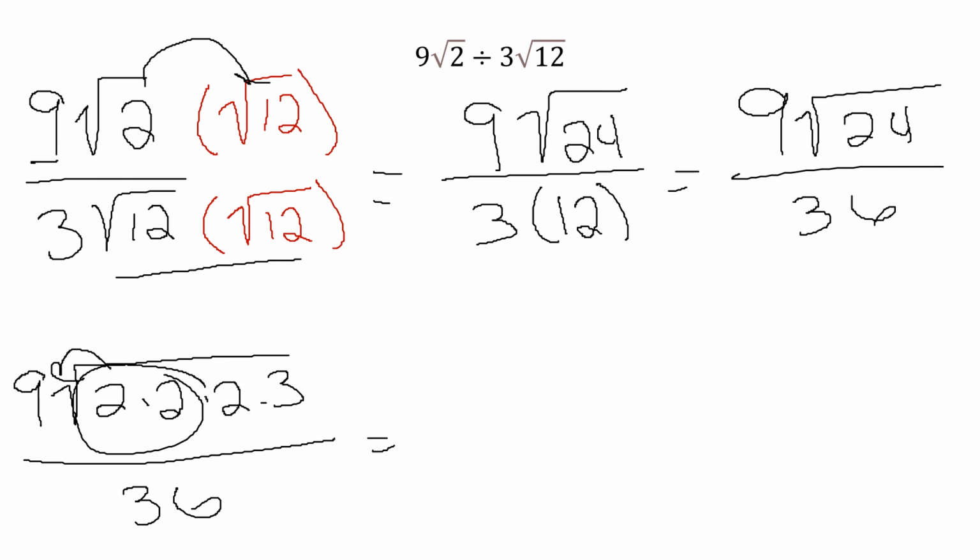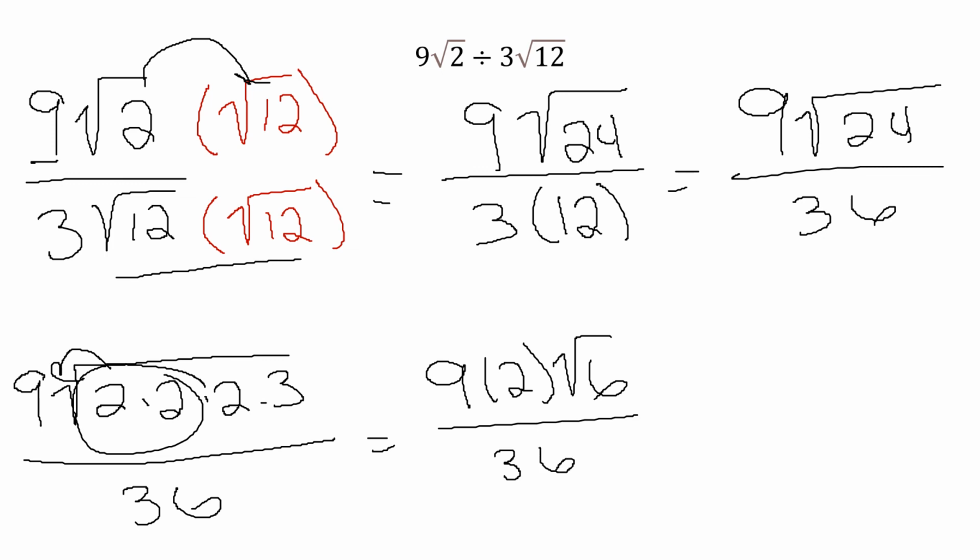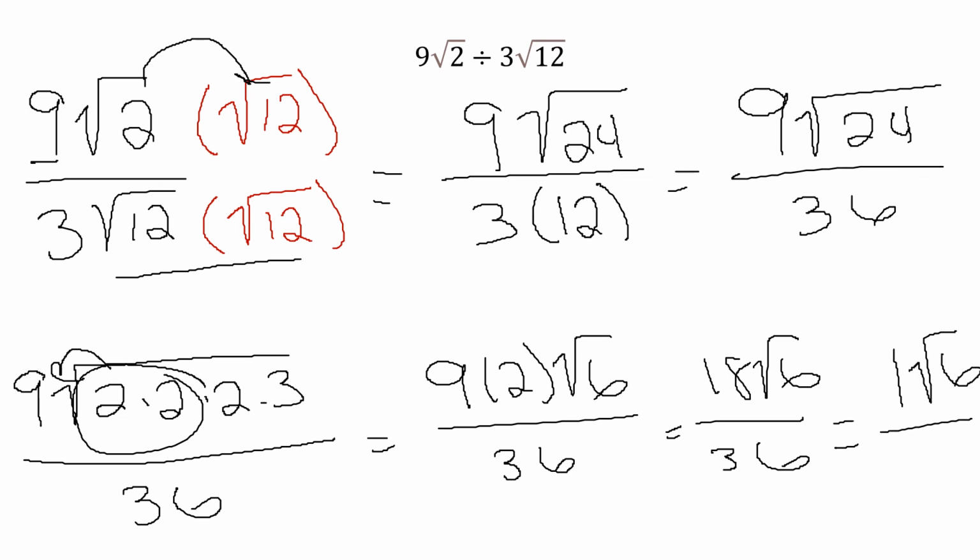So that gives me 9 times 2 square root of 6 over 36, which is 18 square root of 6 over 36. And 18 over 36 can reduce. It goes all the way down to 1/2. So I have 1 square root of 6 over 2. And that is my answer.